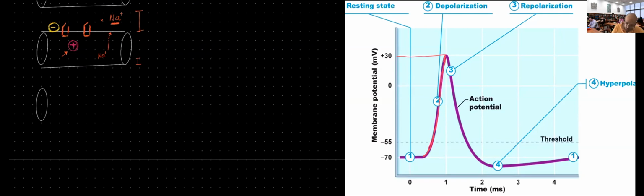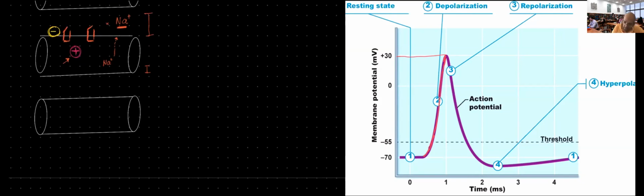In order for me to do this, rather than returning the sodium out, I will instead find another positively charged ion that I have high concentration of inside my cell. And this is going to be my potassium. I will open the potassium channels when I reach 30 millivolts.